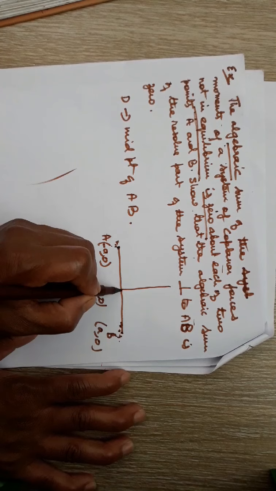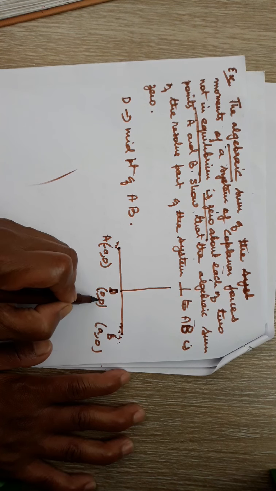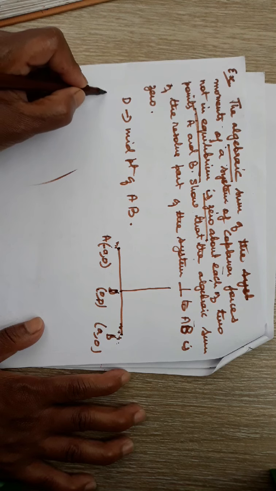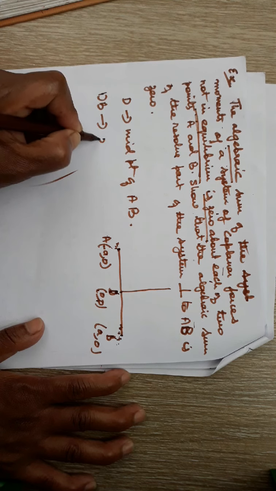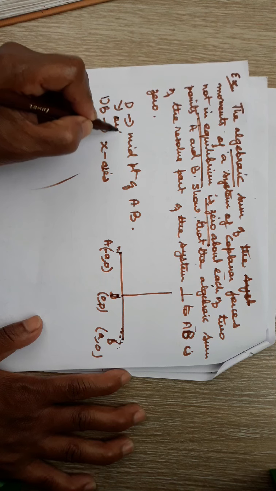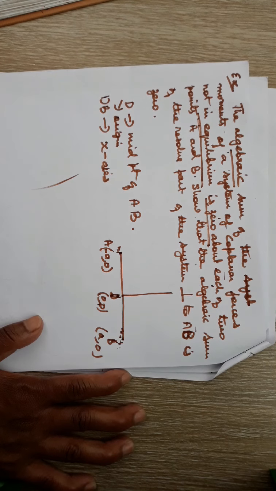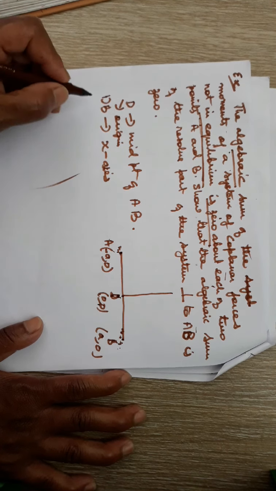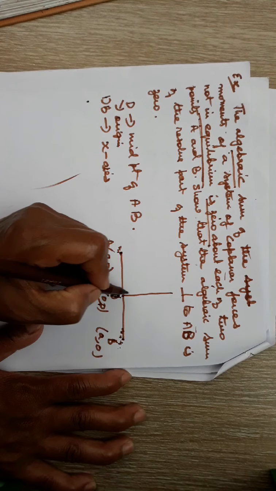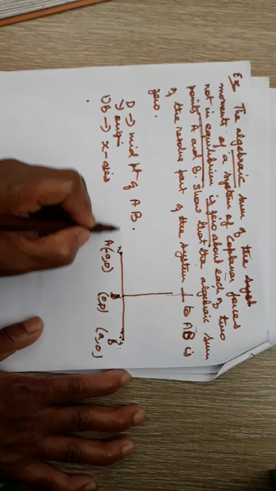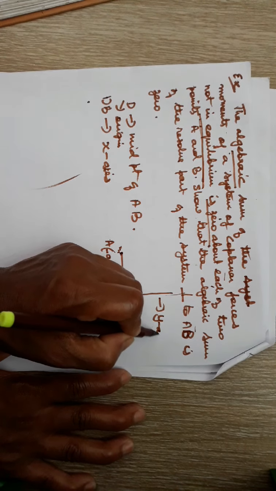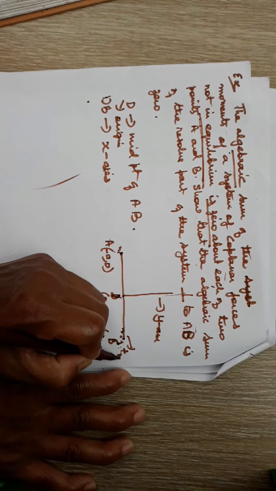Since D is the midpoint of AB, we consider D as the origin, with DB as the x-axis, and the line through D perpendicular to AB as the y-axis. We consider this as the y-axis and this as the x-axis.